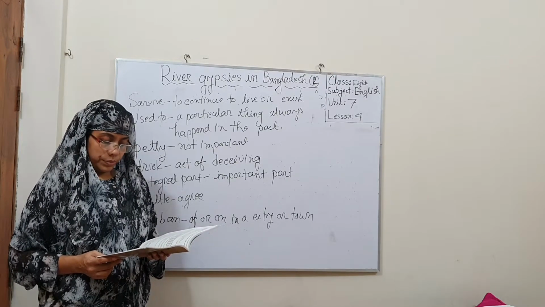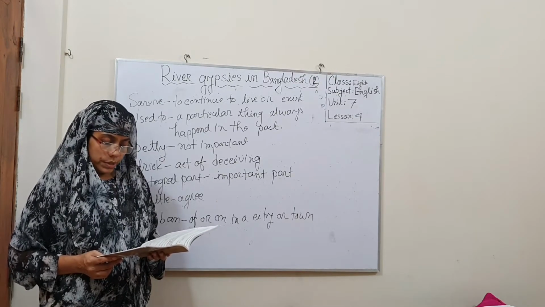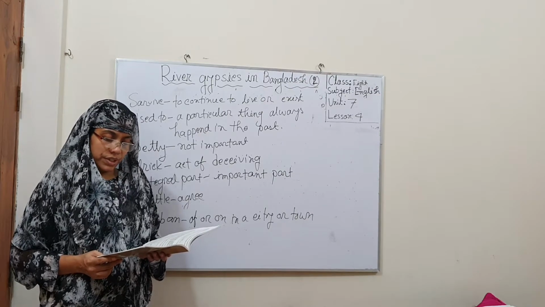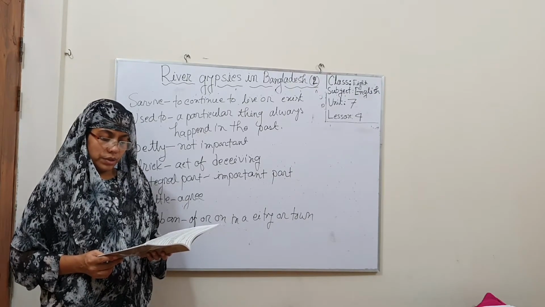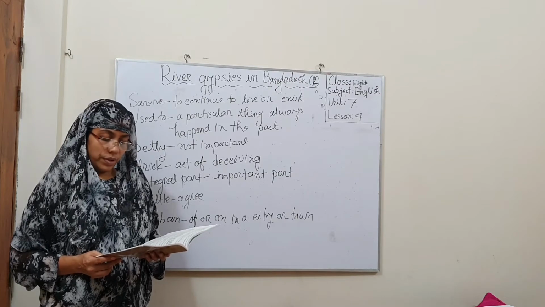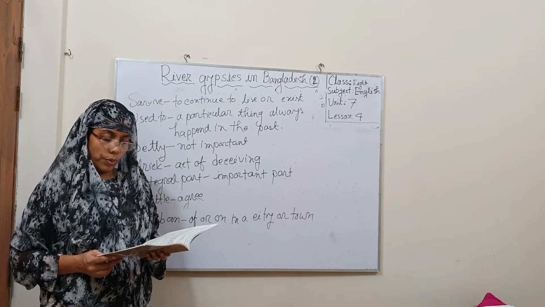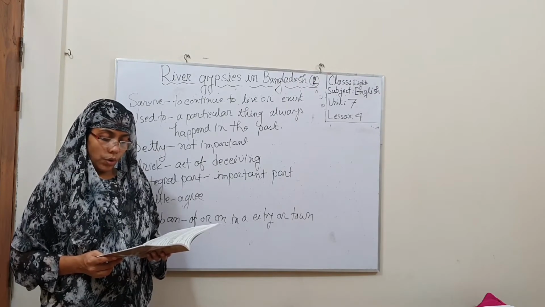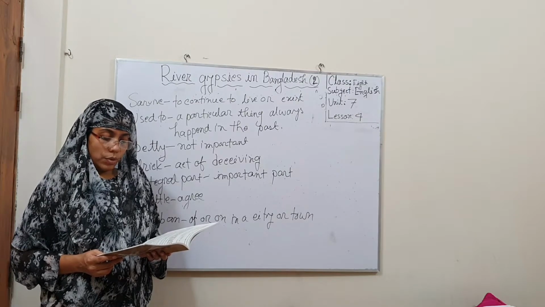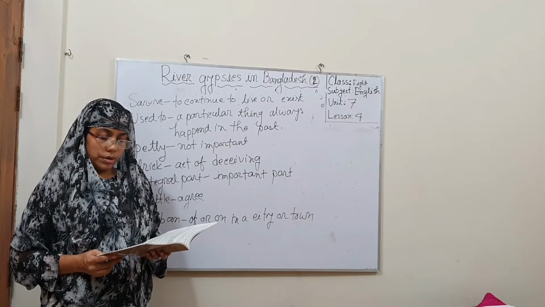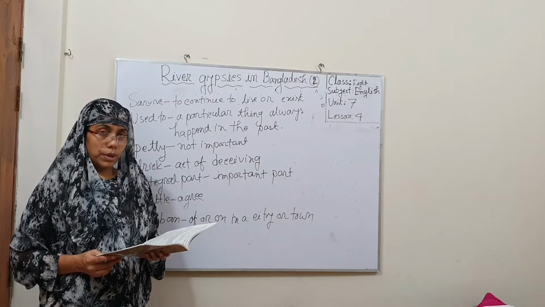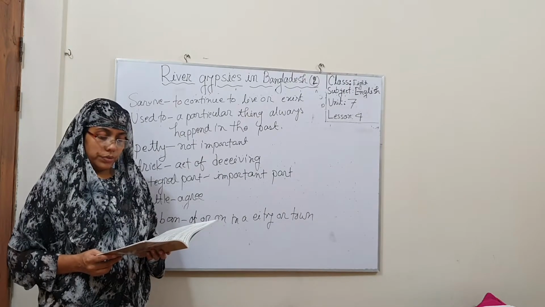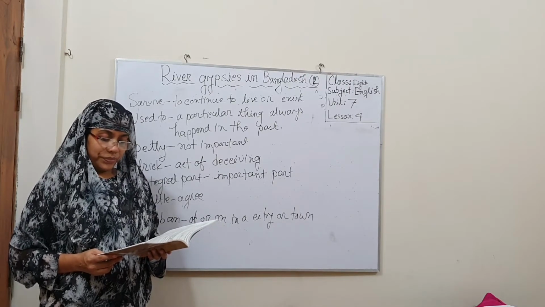If you look at the picture, you will see two boats. One boat is very large, and the design of the boat is very different. There is a roof, all sides are open, and on the rooftop you will also see a solar system.